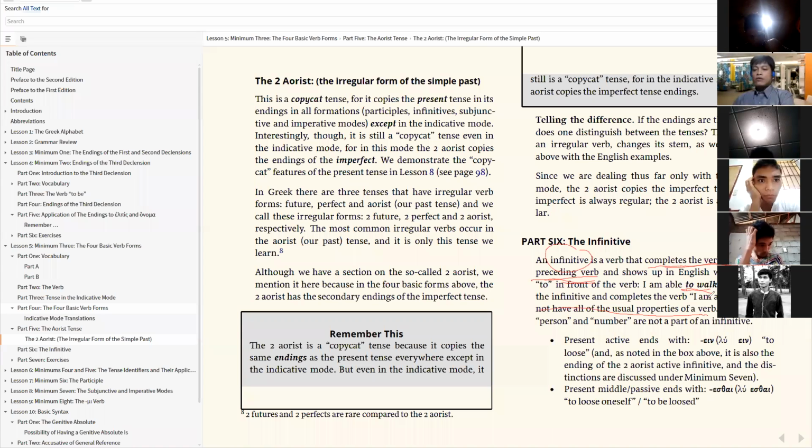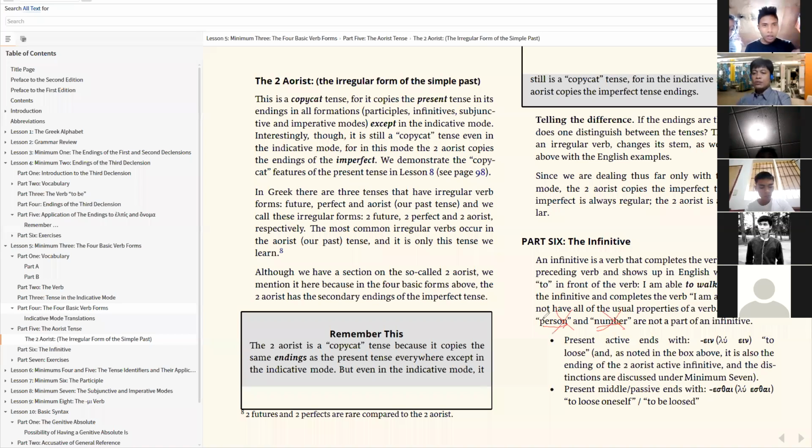What are the properties of the verb again? TVM, PN. Are you with me? TVM, PN: tense, voice, mode, person, number. But the infinitive does not have that. It does not have the person, it does not have the number, okay? It does not have the PN there.